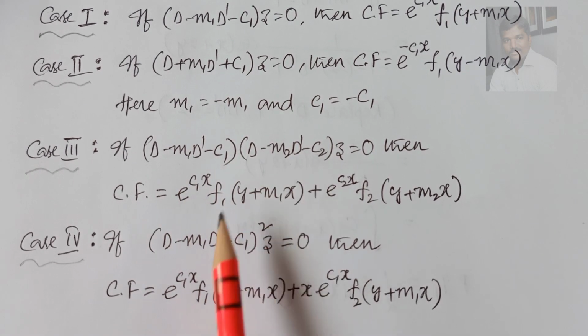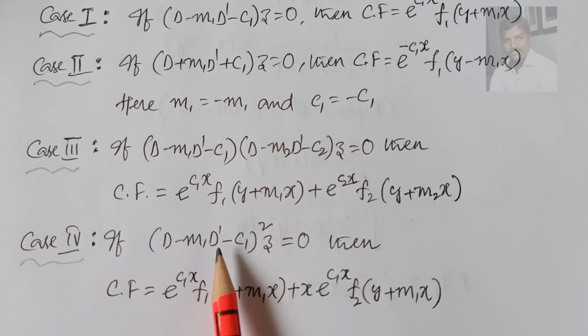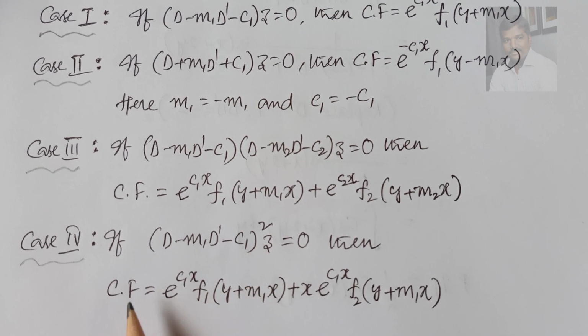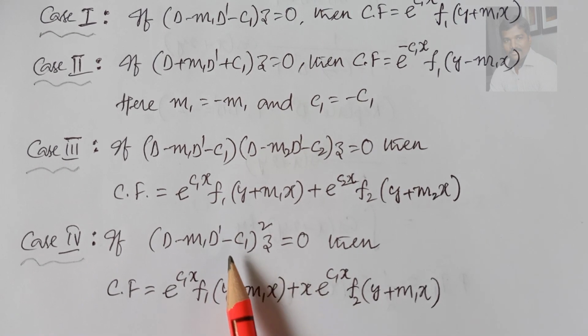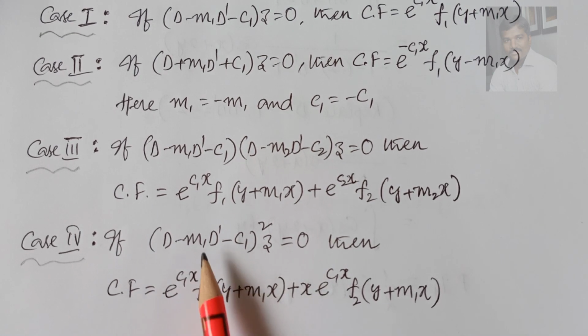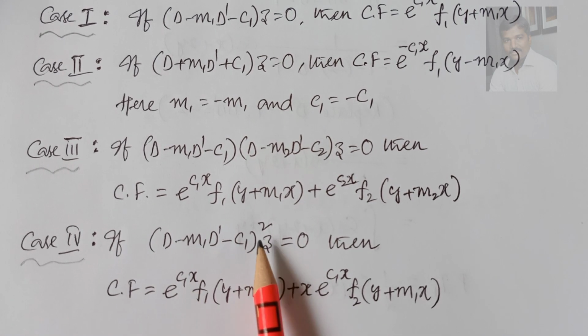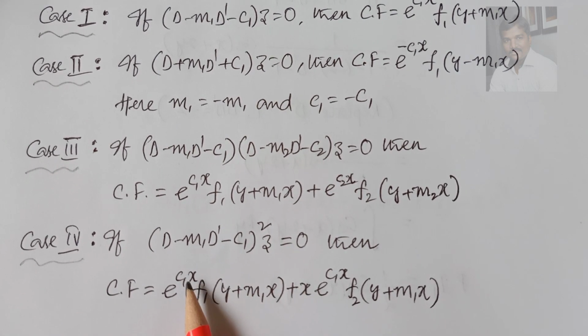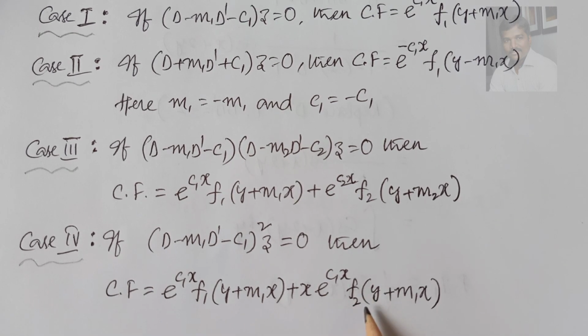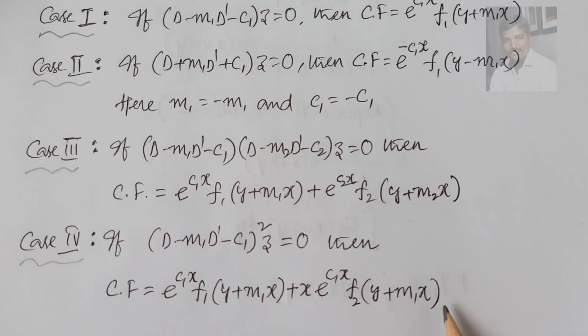In that case, the complementary function is e^(c1x) f1(y + m1x) + x e^(c1x) f2(y + m1x), as in the homogeneous case with real and equal roots, which we already discussed. So this is the procedure to find the complementary function.